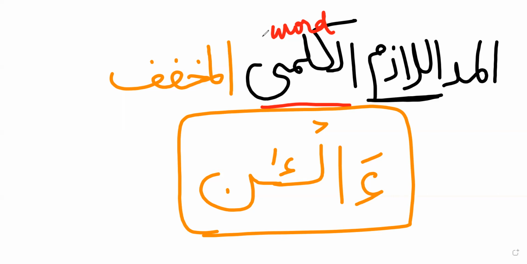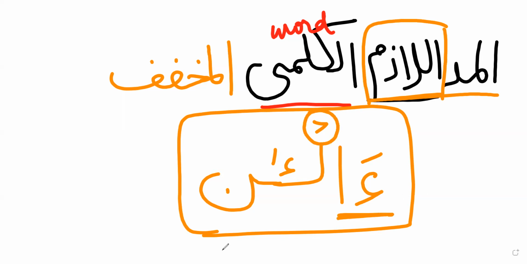For now, we will just see if the word lazim is being implied in our example. Yes, you can see the sukoon. So here's the besti couple, and right after this, there's a sukoon. So the definition al-mad al-lazim, that criteria has been met.